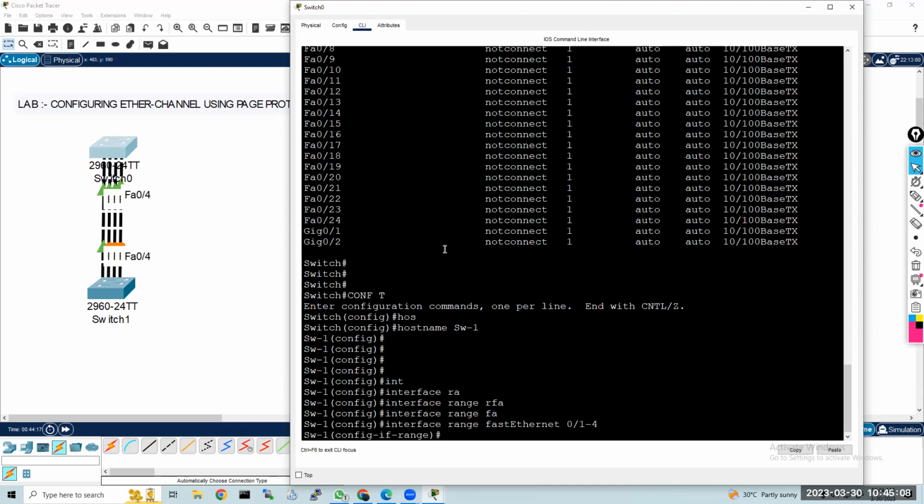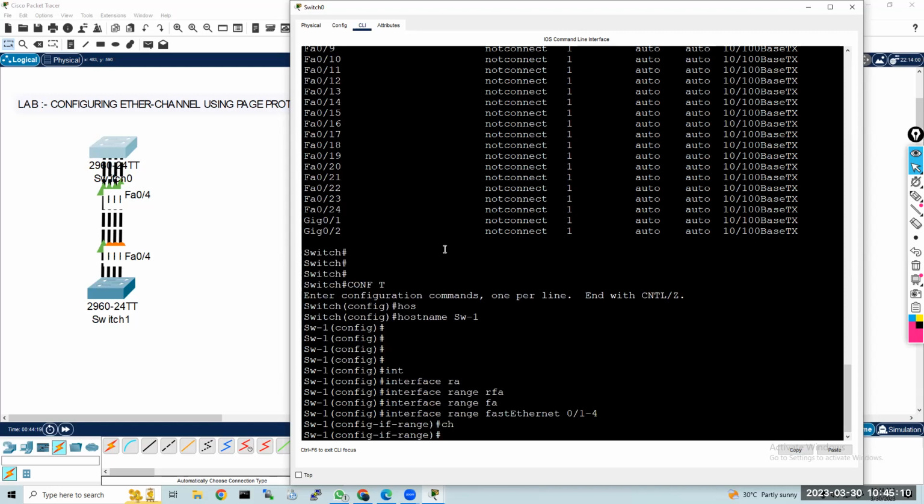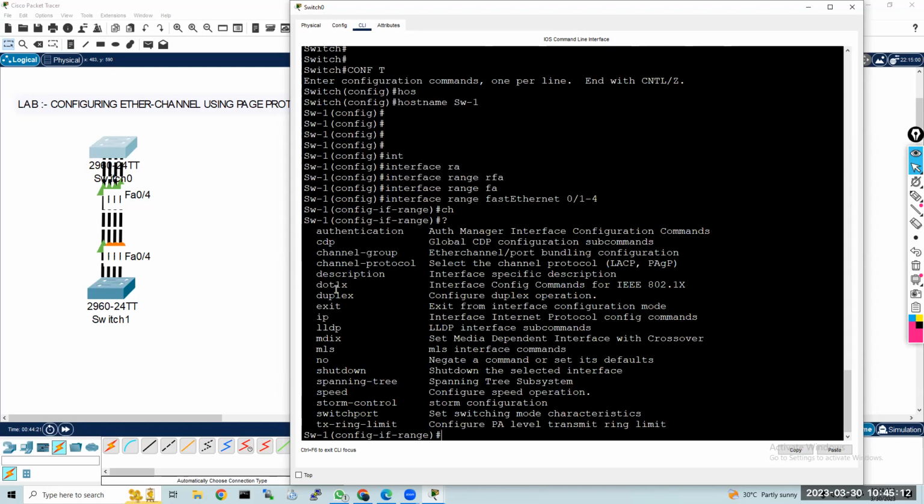Then you can use the question mark here. It has given channel protocol. What you are trying to do is select whether you want the channel protocol LACP or PAgP.